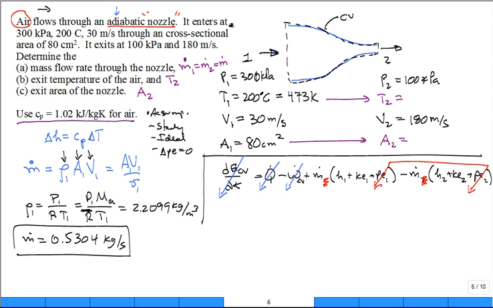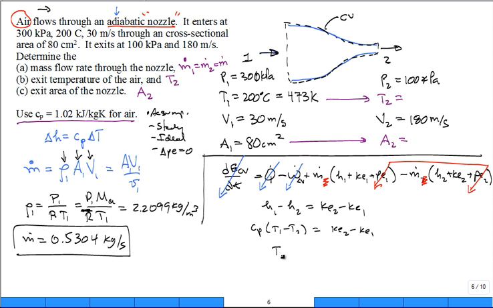So what do we come up with? We come up with that h1 minus h2 is KE2 minus KE1. All right? So this is Cp times (T1 minus T2) equal to KE2 minus KE1.